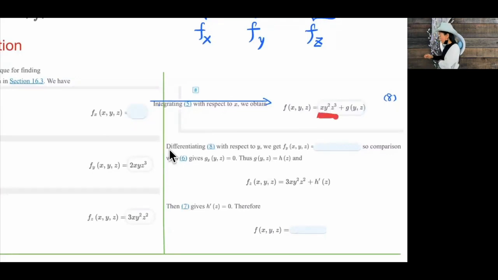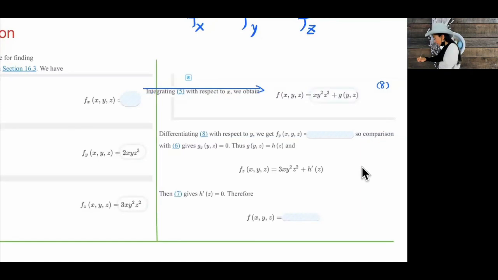However, that's not all. What else here? When you integrate with respect to x, remember in the past, when we take the antiderivative, we add a constant. So the constant over here is actually with respect to x.